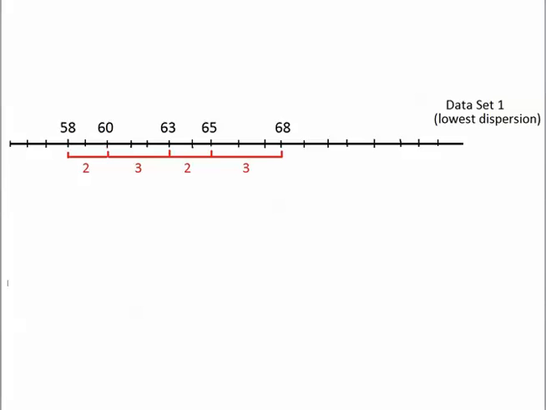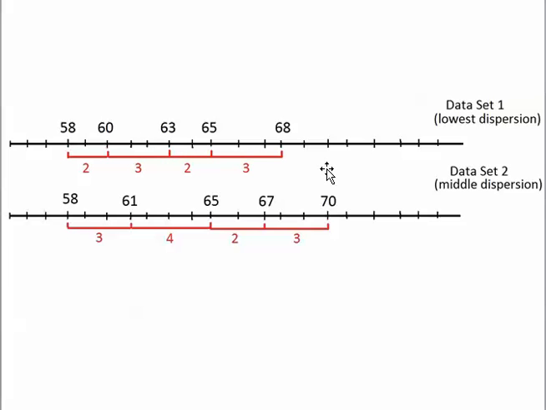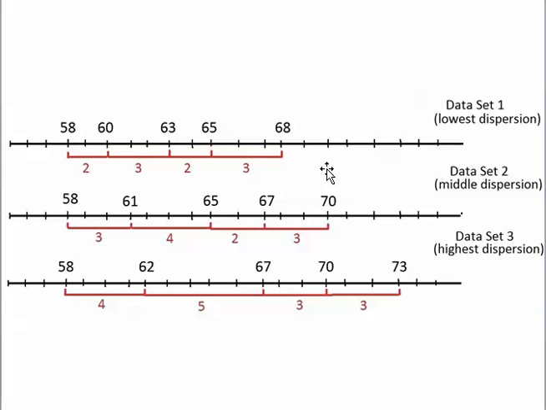Now let's look at each of the three data sets on a number line. This was data set 1. Here we have two values that are 2 apart, and here we have two values that are 3 apart. Here they're getting more spread out, and here they're getting even more spread out.